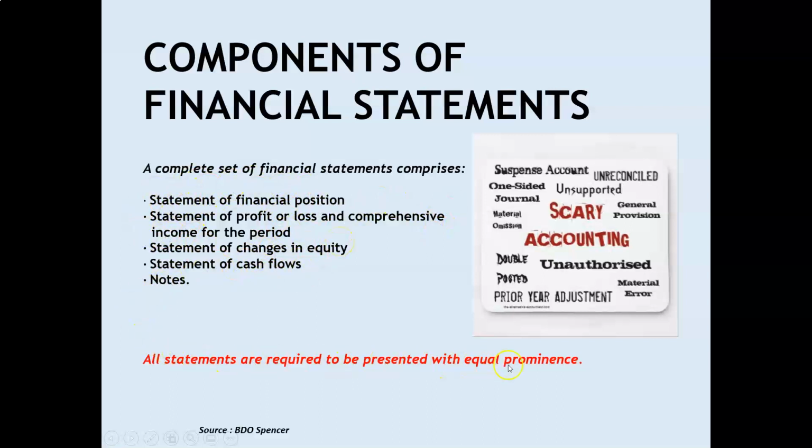Now, what is important is to note that all statements are required to be presented with equal prominence. So if your statement of cash flow, let's say, reveals that management has really used all the short-term cash that was generated by their operations in order to buy new vehicles, which is mainly driven by the top management of the entity, and they don't actually want the investors to see that, so they hide away the statement of cash flow on page 5,980 in small print and hope that nobody's going to see that.